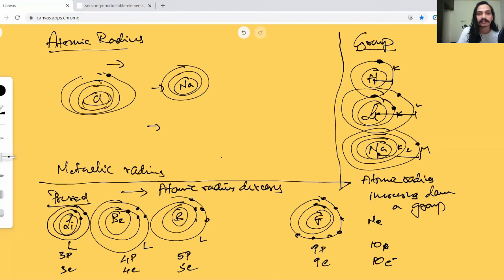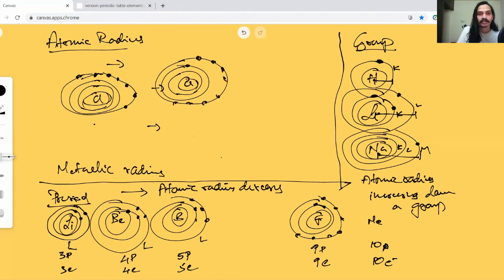Chlorine is similar to sodium almost in the fact that it has 3 shells, but 7 electrons on the outside. Now this chlorine is going to gain 1 extra electron, and now it will have 8 electrons on the outer shell. 3 shells, 5, 6, 7, 8.